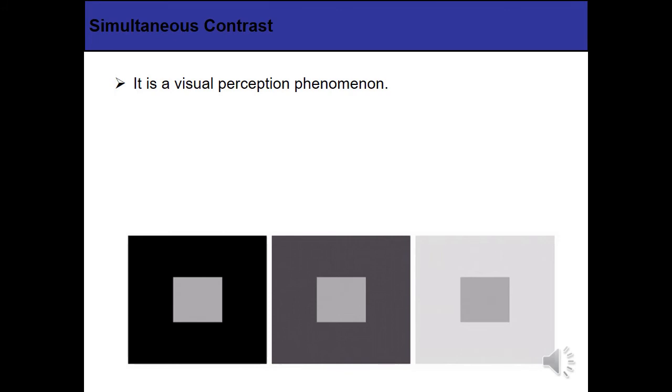Though in both cases the luminance of the object is the same, the perception will be different: one is on a black background and the other is on a brown background. Because of this, a result is created, and this phenomenon is known as simultaneous contrast. So simultaneous contrast is a visual perception phenomenon.